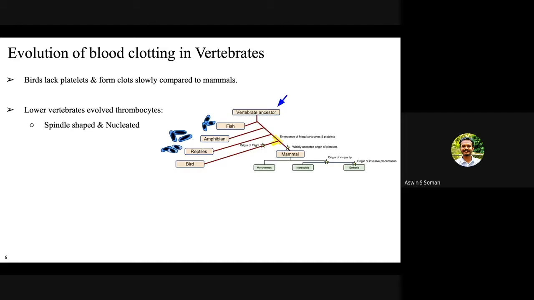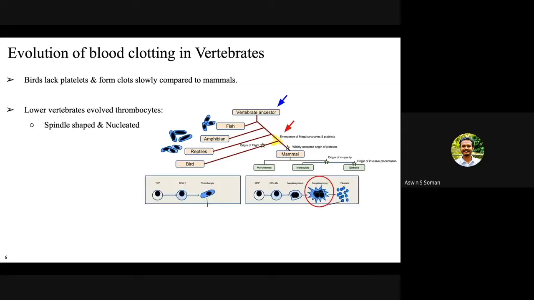These are the first cells to evolve to specialize in hemostasis. Then later, megakaryocytes emerged, which are giant precursors which fragment to form non-nucleated platelets.